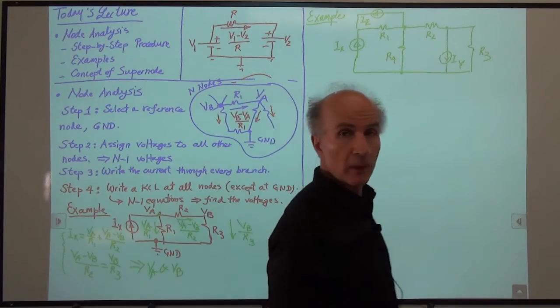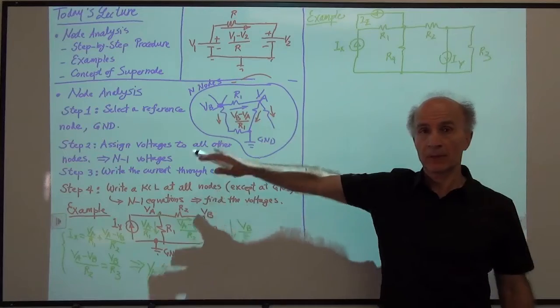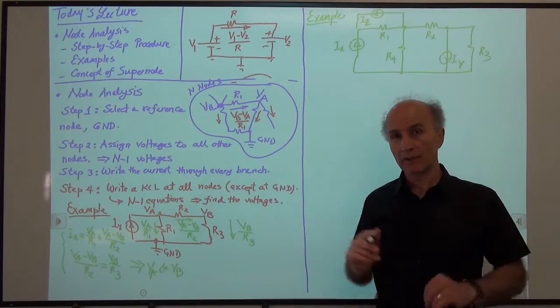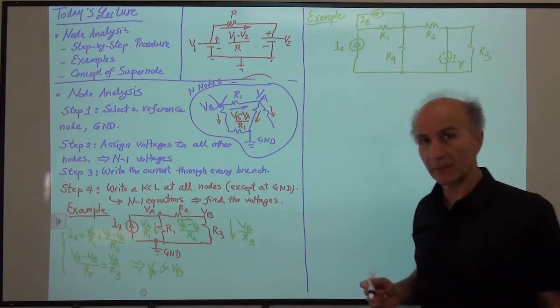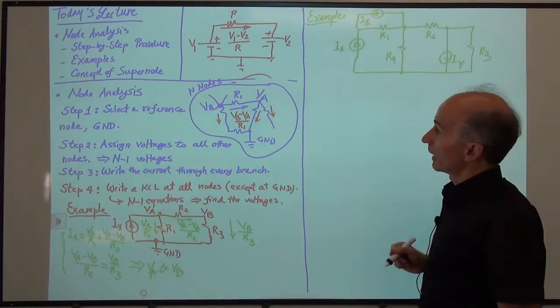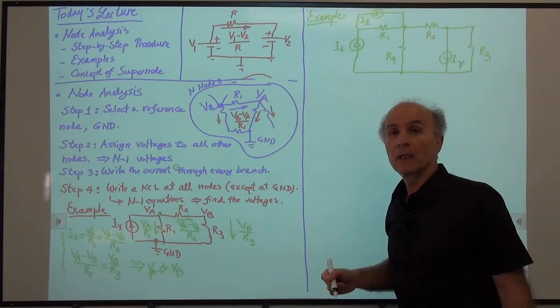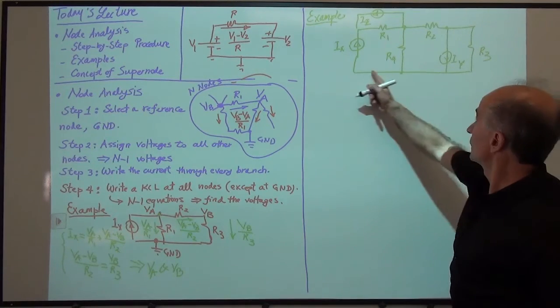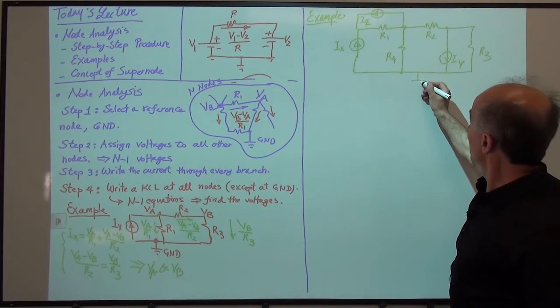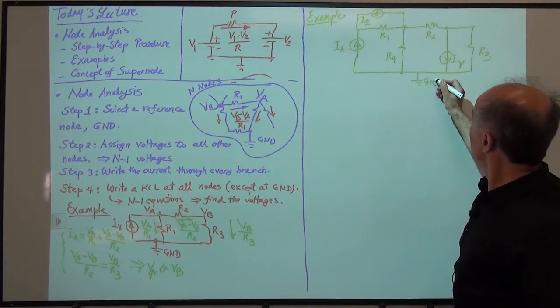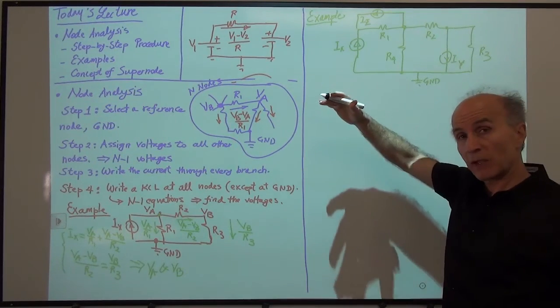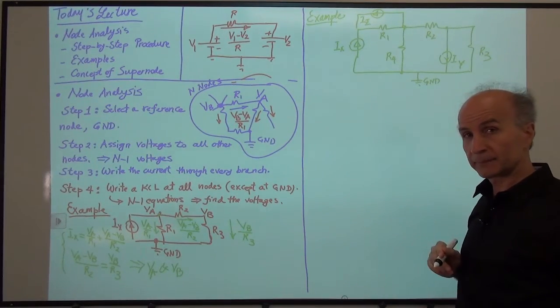All right. So as long as you remember the steps of node analysis, everything is fine. So let's follow the steps. Step number 1, identify or select a reference node. Any node will do. For example, I'll pick this node here. So that will be my ground. So all other voltages will be measured with respect to ground.